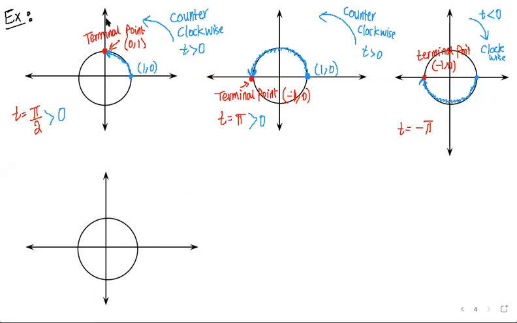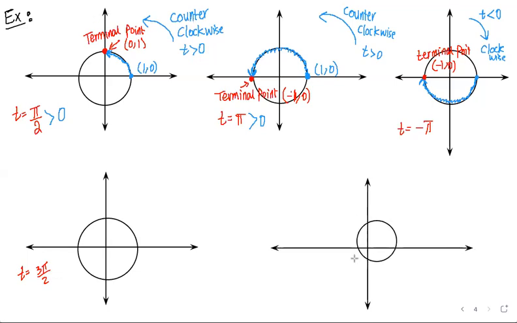For t equal to 3 pi over 2, and another one for t equal to -3 pi over 2.